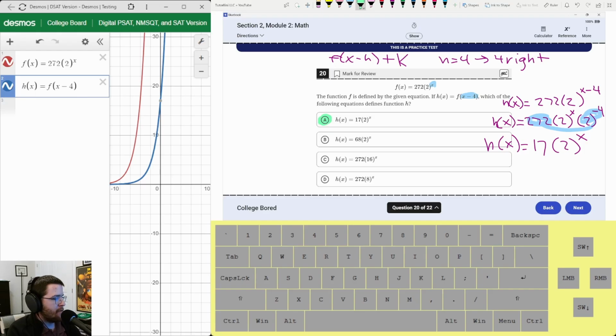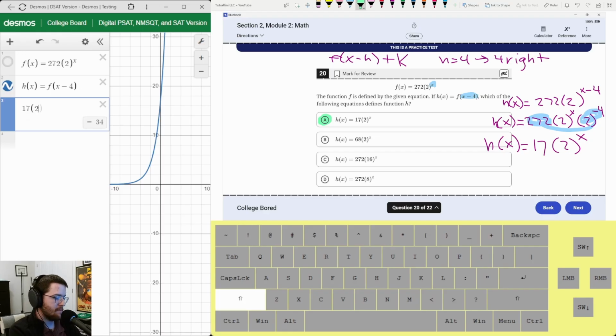And I don't care about f of x anymore, so let's unhighlight it. And now I'm just going to start typing in answer choices and see if it's equivalent. And man, that is lucky. The first answer choice is equivalent to h of x. I'm not going to do it, but I bet if you typed in B, C, and D, it would not look the same as the blue graph.